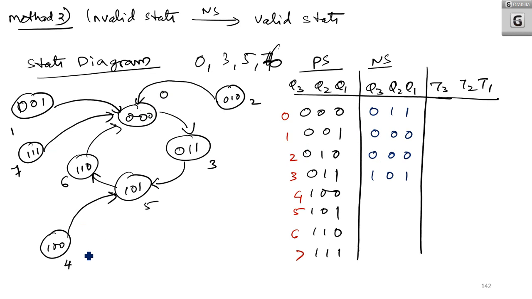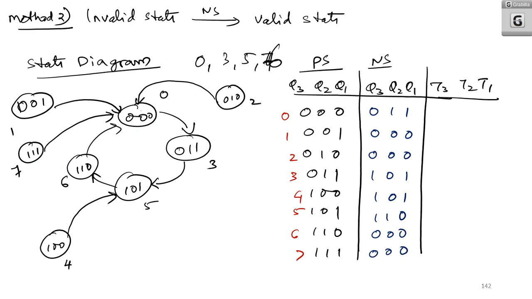If it is 4, the next state we have made into 5, so 1, 0, 0, next state is 5, that is 1, 0, 1. Now, when it is 5, next state is 6, that is 1, 1, 0. If it is 6, next state is 0, 0, 0. And if it is 7 also, we are making it into 0, 0, 0.